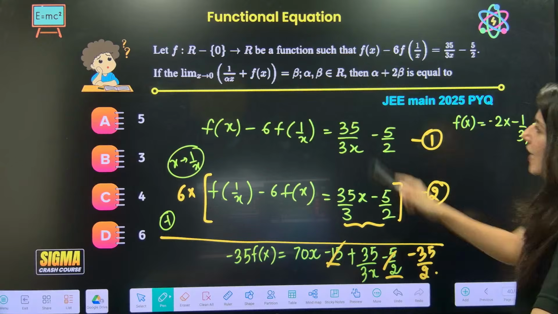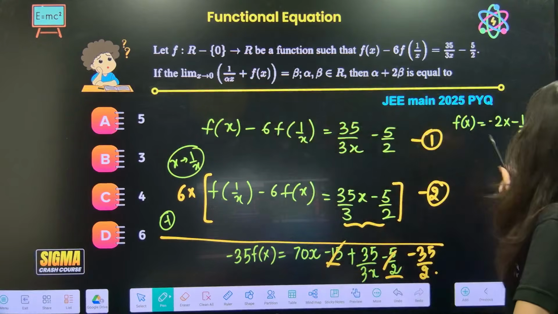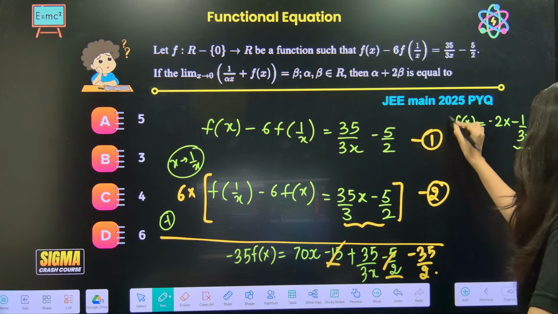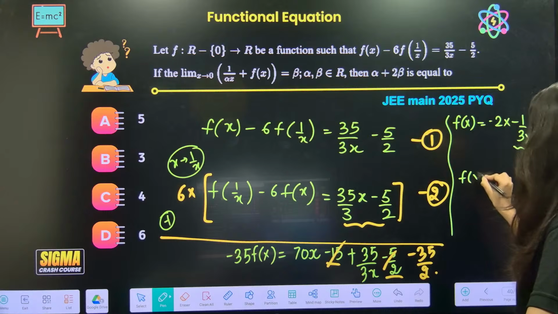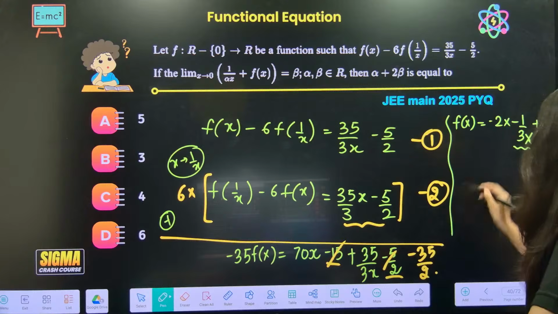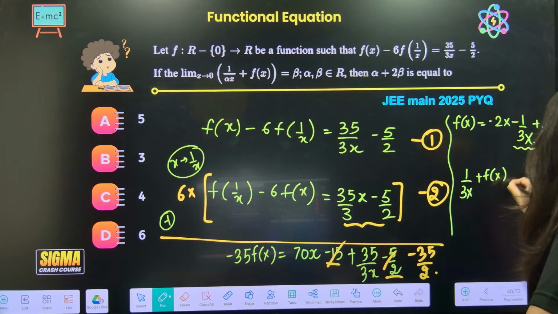Now as per this question, we have 1 upon alpha x plus f of x, so it is important to shift this to the left hand side. So 1 by 3x plus f of x equals minus 2x plus half.